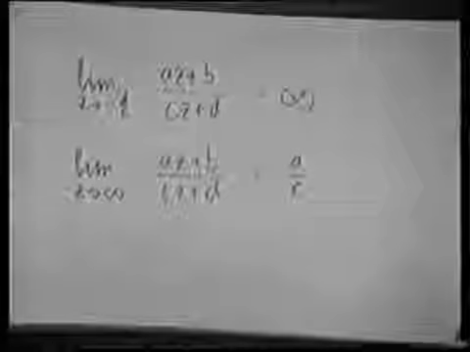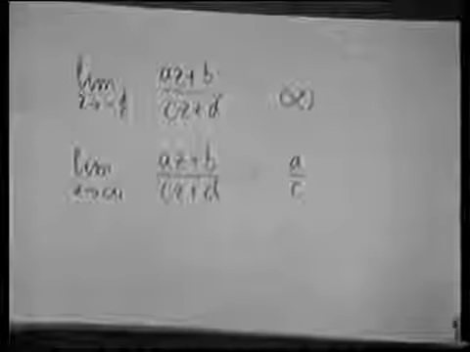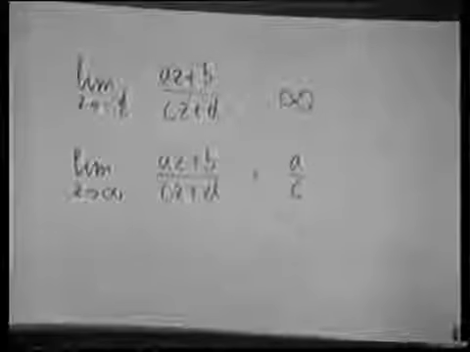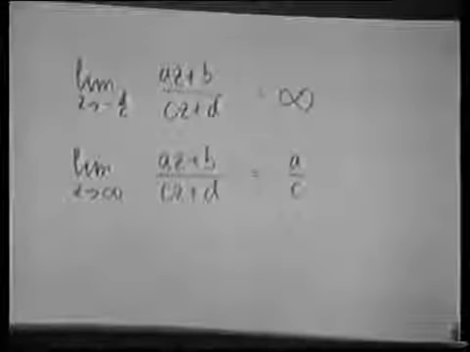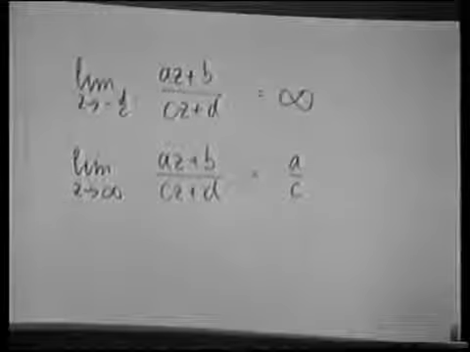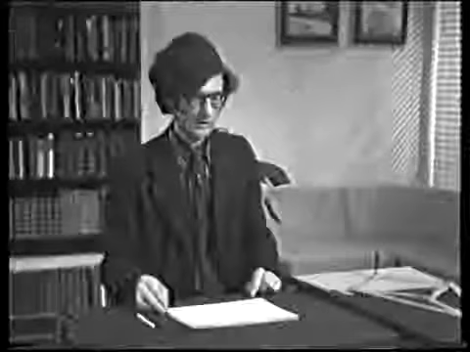And the limit as z goes to infinity of (az+b)/(cz+d) is a/c. And a/c, you remember, is the point that you have to leave out of the domain of the inverse transformation. So what this suggests is the following, that we add to the complex plane an extra point, somehow, called the point at infinity, but we can consider our bilinear transformation as defined on this extended plane with the extra point, in such a way that the point -d/c is mapped to the point at infinity, the point at infinity is mapped to the point a/c.